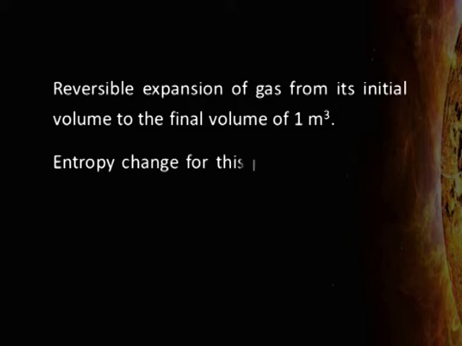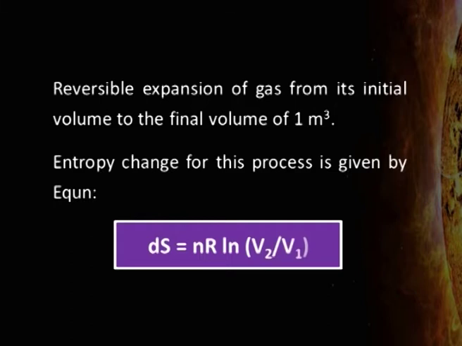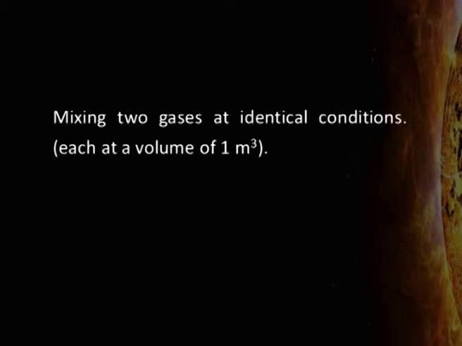Entropy change for this process is given by the equation dS equal to nR natural log V2 divided by V1, where V2 is the final volume, which is 1 meter cubed, and V1 will be the initial volume for both the individual gases. The second step will be the mixing of two gases at identical conditions of temperature and of volume equal to 1 meter cubed.